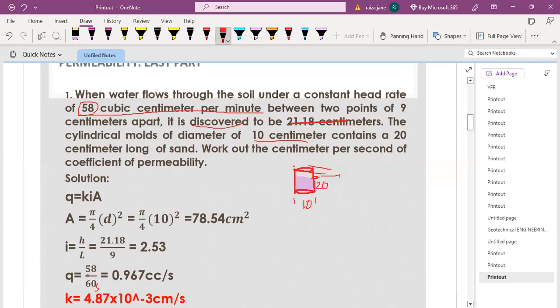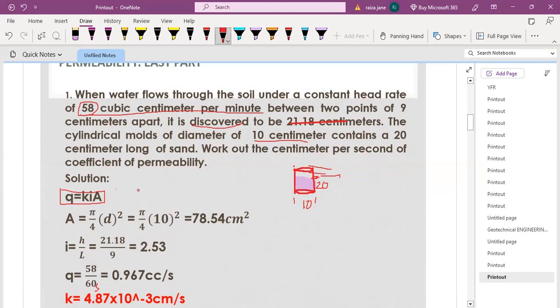So, to compute the coefficient of permeability, we can use this formula. Q is equal to k i A. So, substitute the value.